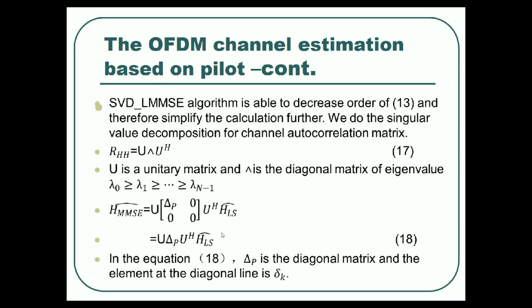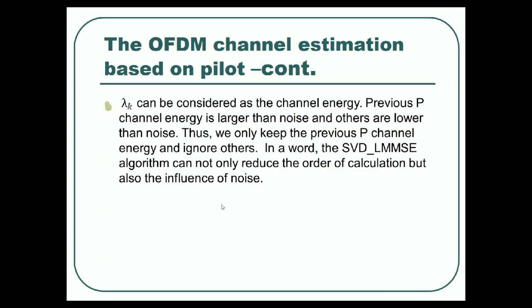Then we can get the SVD LMMSE estimation, which is shown in equation 18. Lambda k can be considered as the channel energy. The previous p channel energies are larger than noise, and the others are lower than noise. So we only keep the previous p channel energies and ignore the others. So in a word, the SVD LMMSE algorithm can not only reduce the order of calculation but also the influence of the noise.